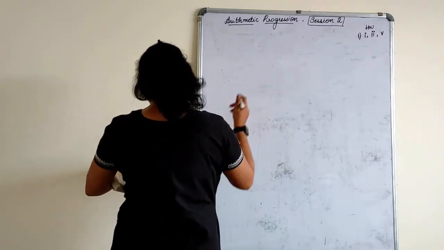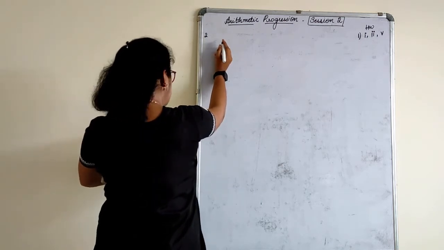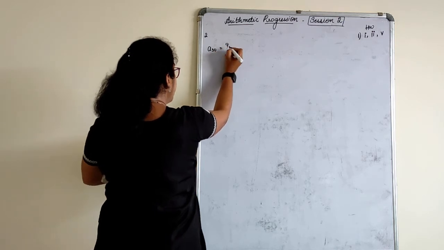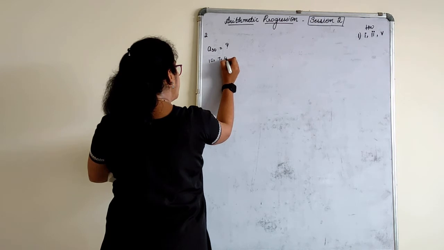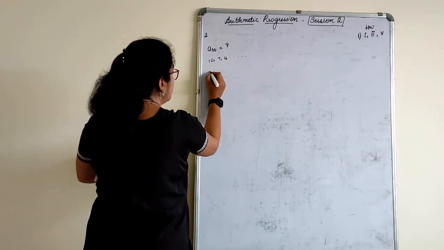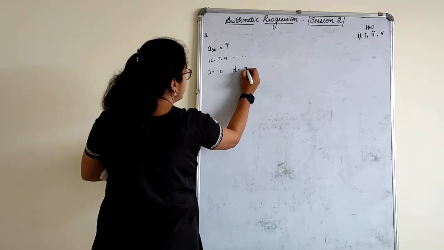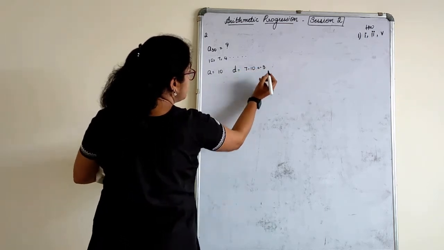Find the 30th term of the AP, that is a30. We have to see what the given AP is, children. 10, 7, 4, and so on. First write what a is. a is 10. What is the common difference? 7 minus 10 is equal to minus 3.